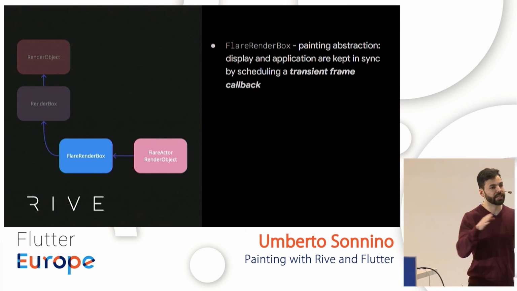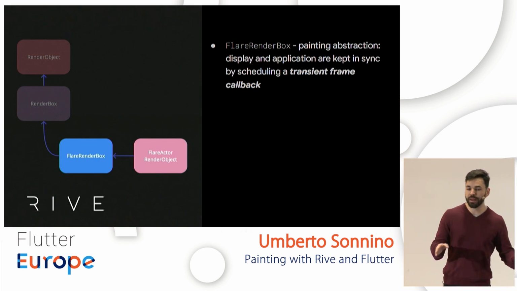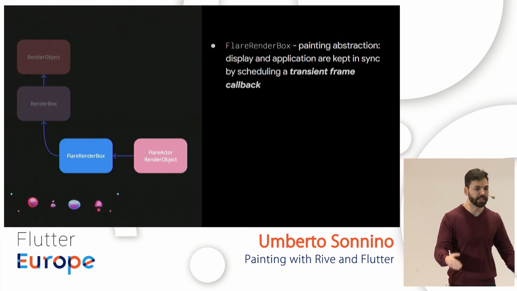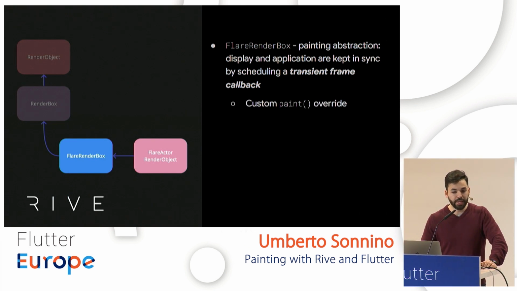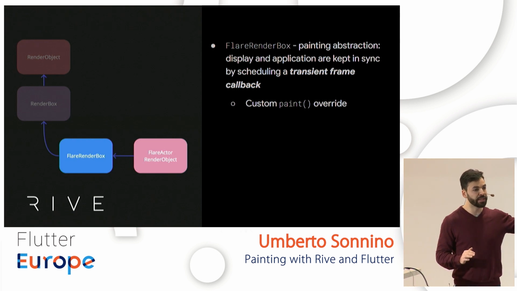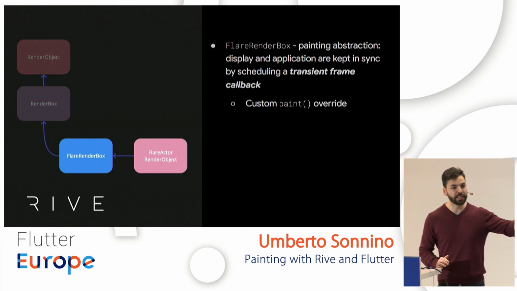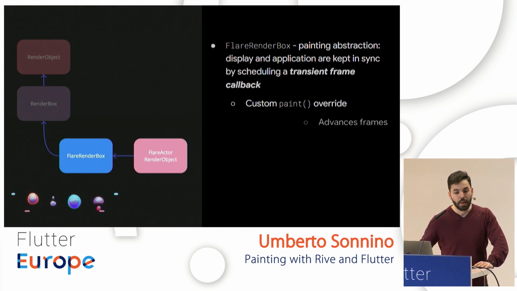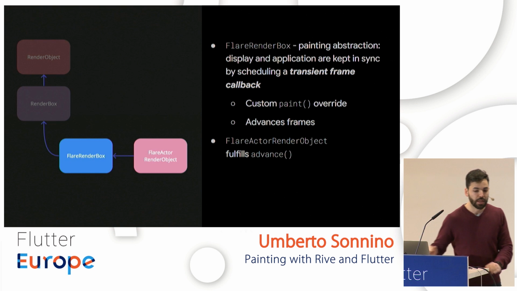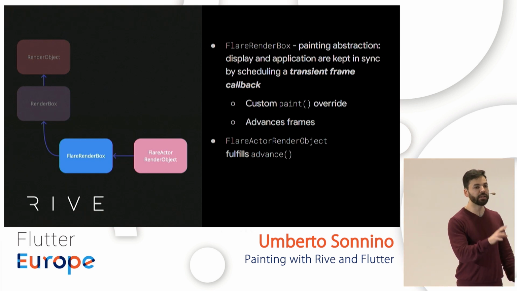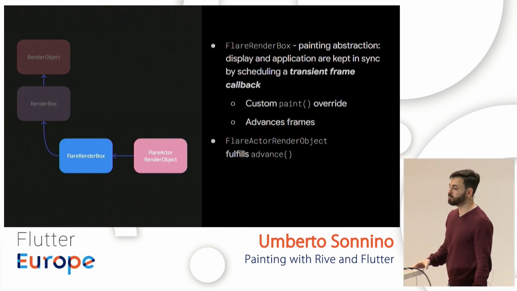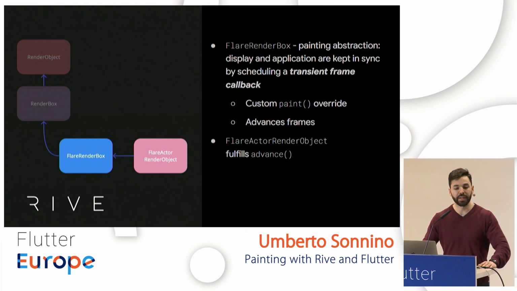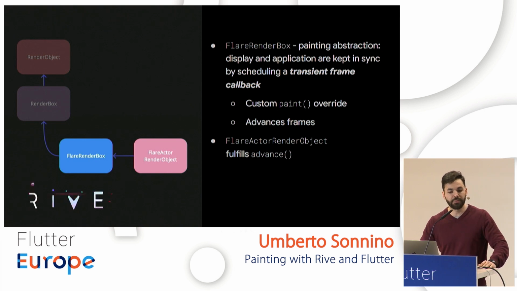So this is what's scheduling a transient frame callback, which is a callback that's called every frame, and it gets the animation running. But being an abstract concept, it provides the painting call, so you're going to see the painting implemented in there, but it advances frames, but the final concrete implementation of everything is in Flare Actor Render Object, which is an extension of Flare RenderBox, and it fulfills the advance call.